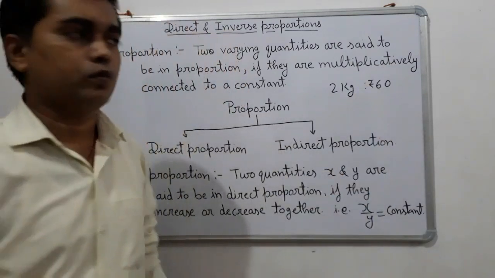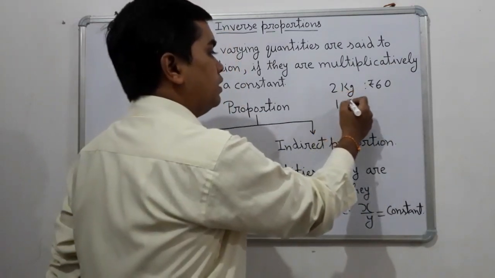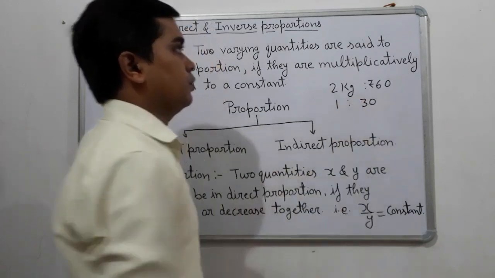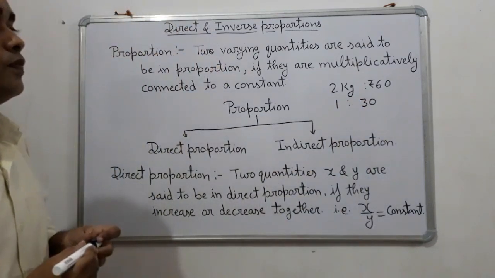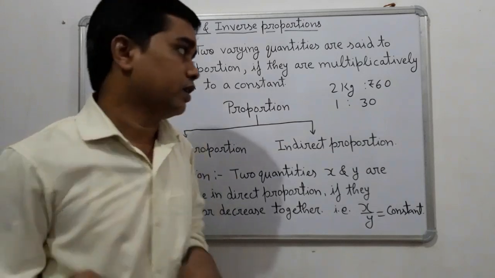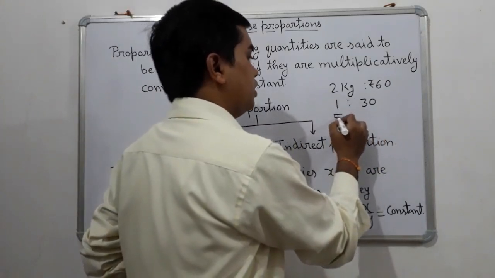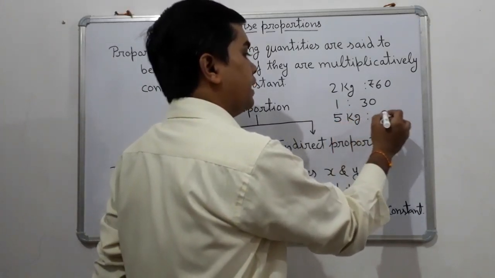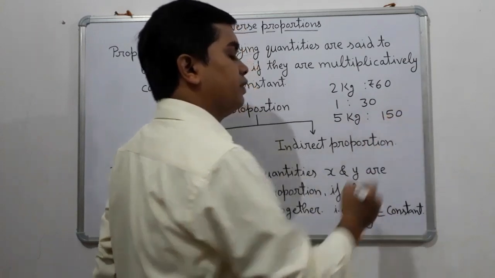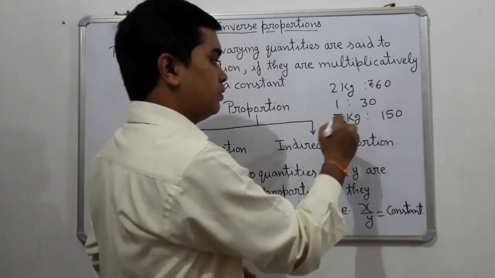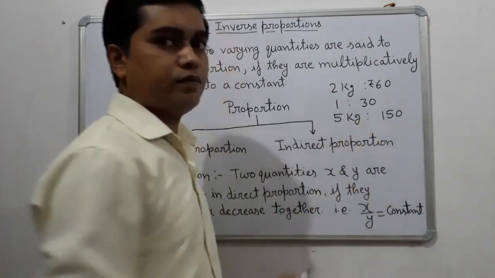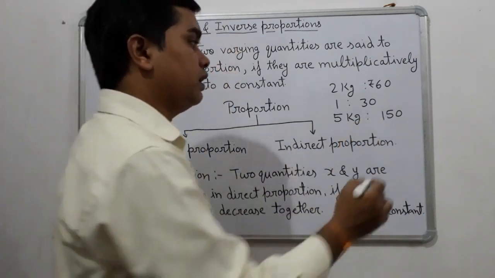So what will be the ratio? The ratio will be 1:30. Again, if you are taking 5 kilogram of sugar, then you are paying 150 rupees. So again, the ratio of these two is 5:150.